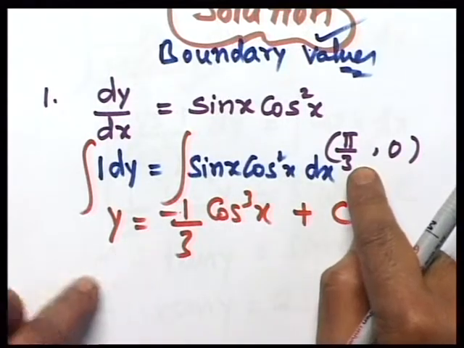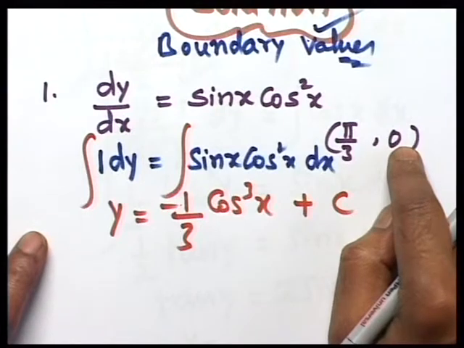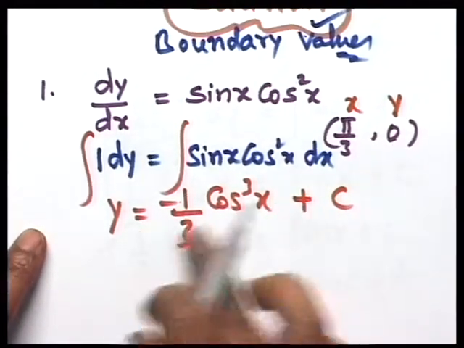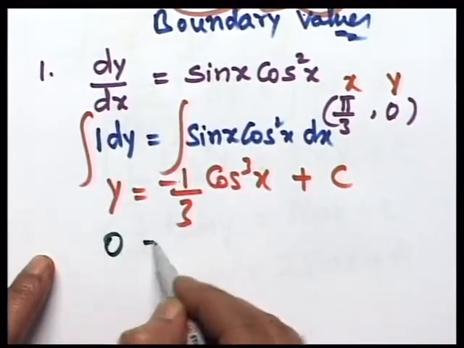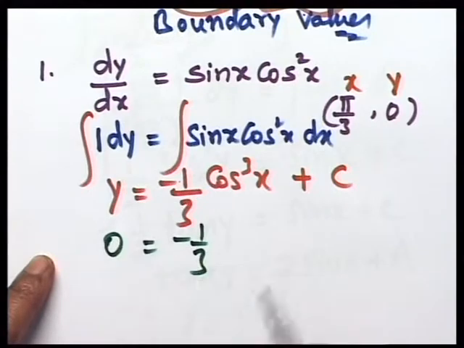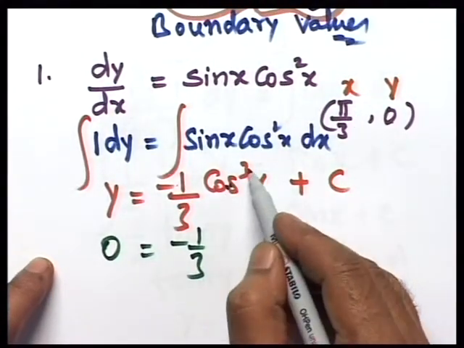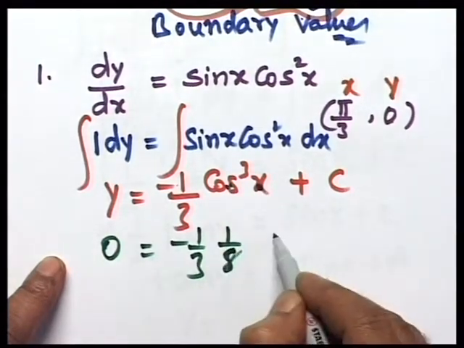If we use this given information, pi over 3 and 0, pi over 3 should be the x value, 0 is the y value. Substitute there, you should get c. So y equals 0, that's a minus 1/3, pi over 3 is 60, cos 60 is half, half cubed is an eighth. All right, so that's an eighth plus c.